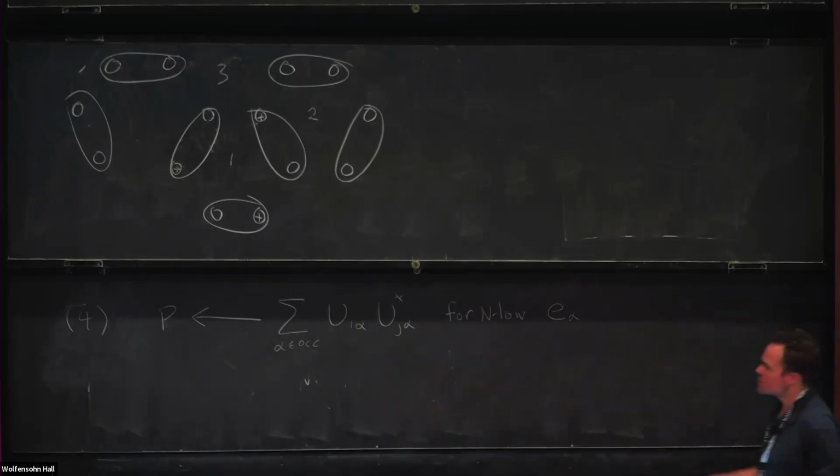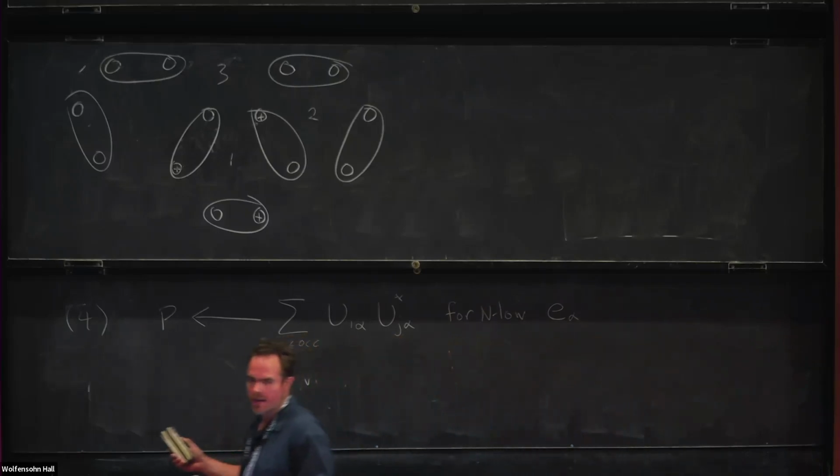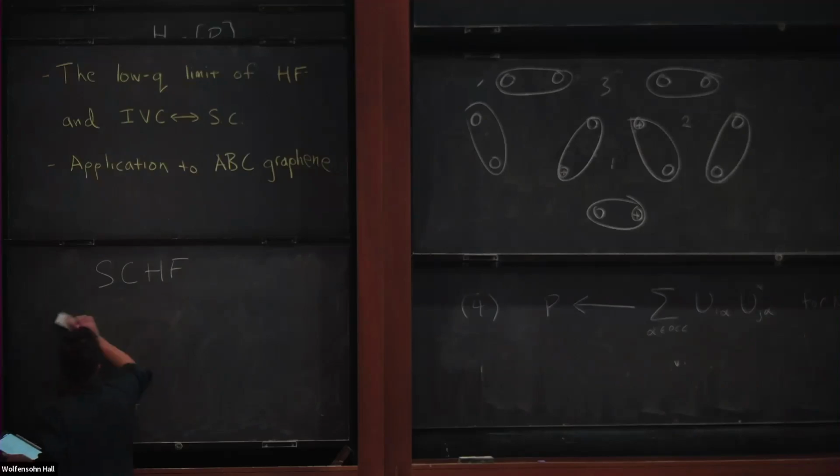So what we now need to do is, in this abstracted form, I just assumed a totally general V_ijkl. But let's actually work out what this is in the context of the sort of Hamiltonians used to describe graphene and so on within these continuum approximations. So what's the starting point?